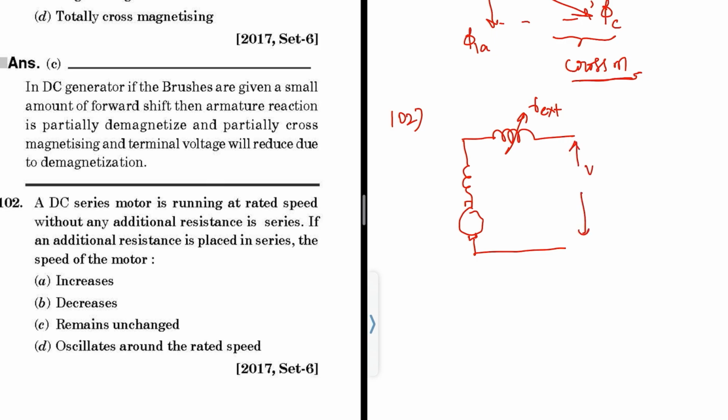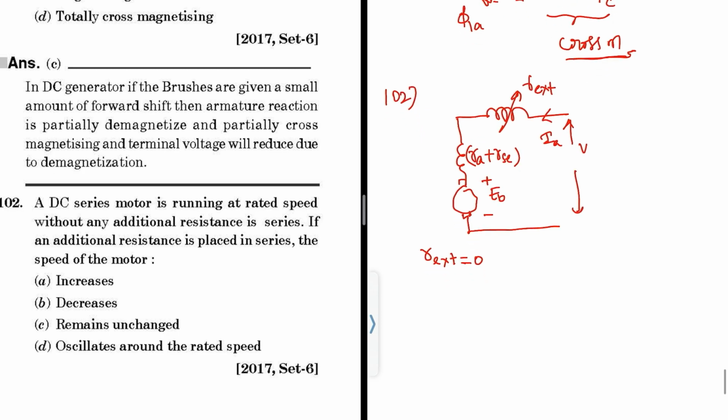This is the voltage V, this is RA plus RSC, this is the motor back EMF EB, and this is the armature current. Initially R external is 0. Later R external is added.